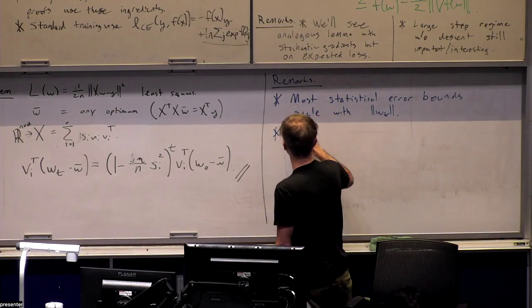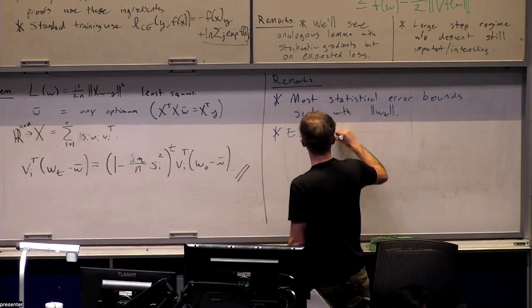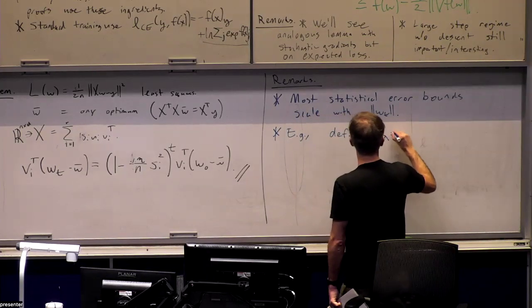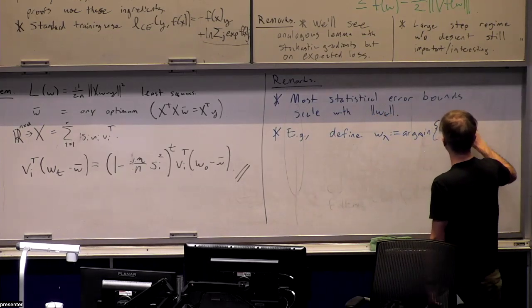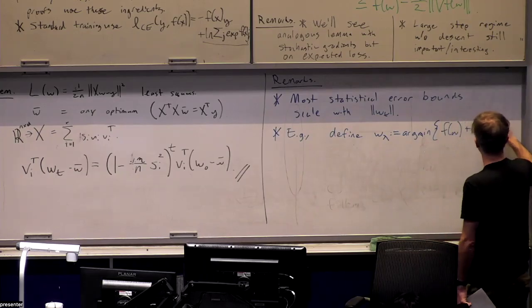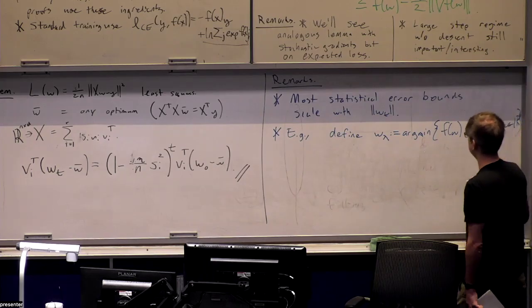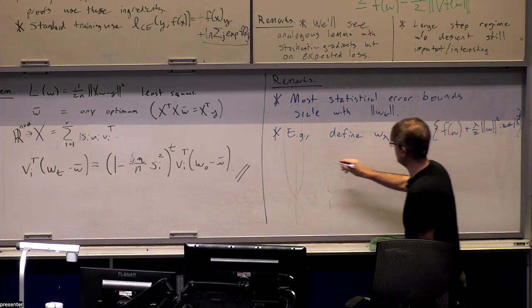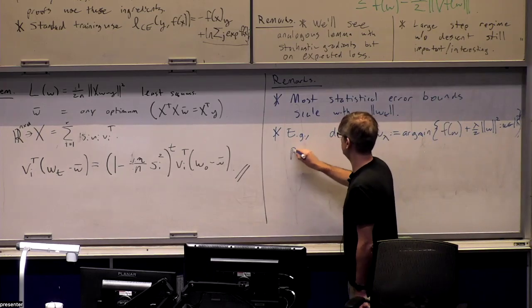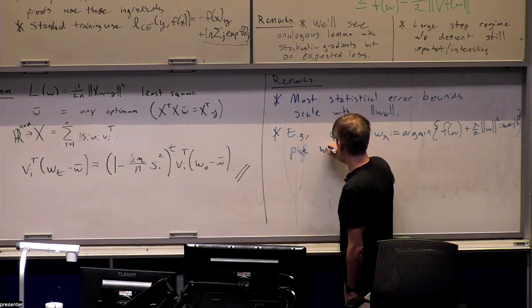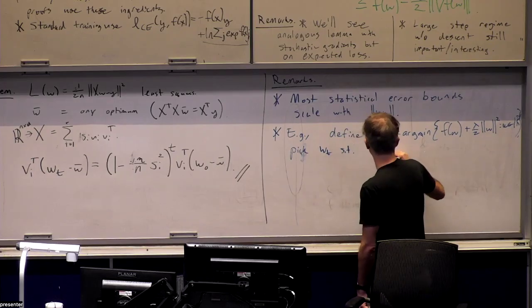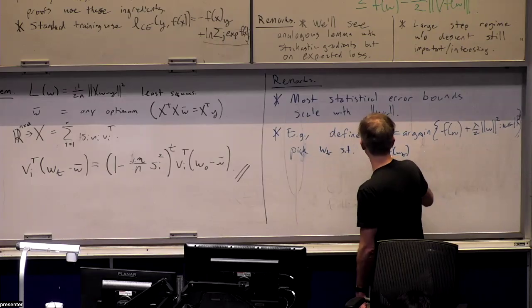So, e.g., define W lambda to be the analog of the ridge solution for this problem. Then pick WT such that, you can do this.